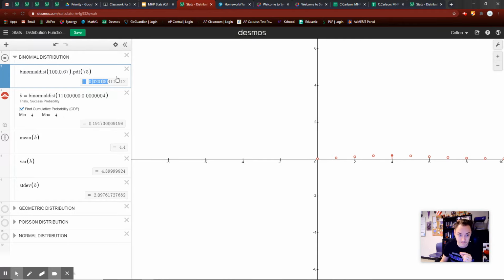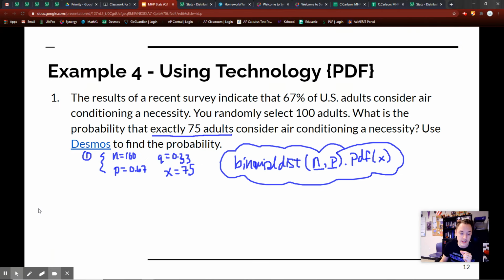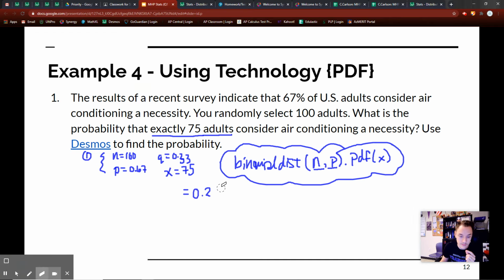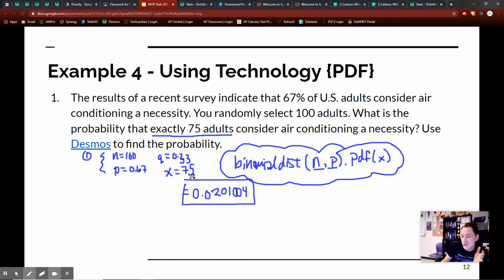Let's label this out. This equals 0.0201004. So this is roughly like 2%.